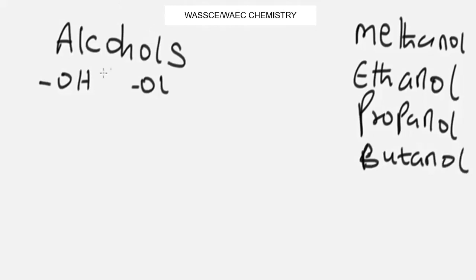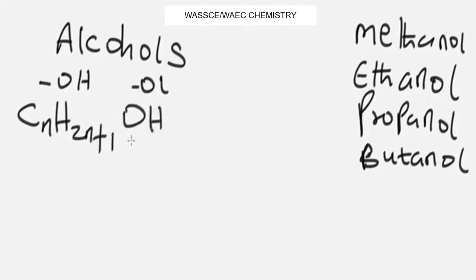Now note that the general formula for alcohols is CnH2n+1OH. With this formula, we can get the chemical formula for methanol, ethanol, and the rest of them. Methanol has one carbon atom, so the chemical formula will be CH3OH.